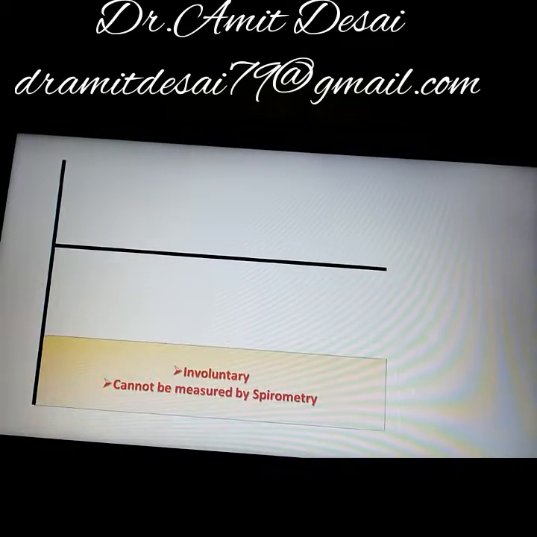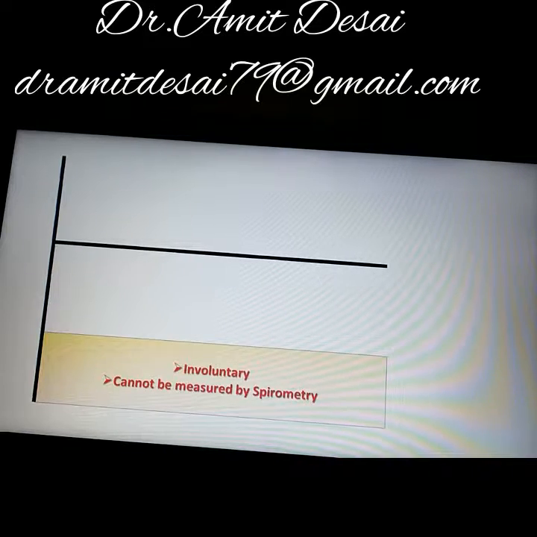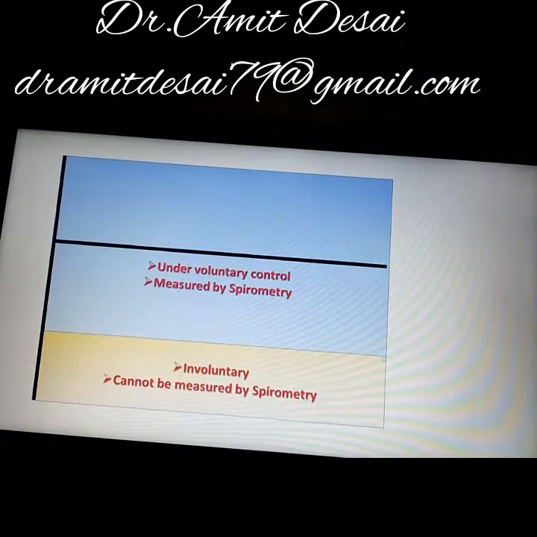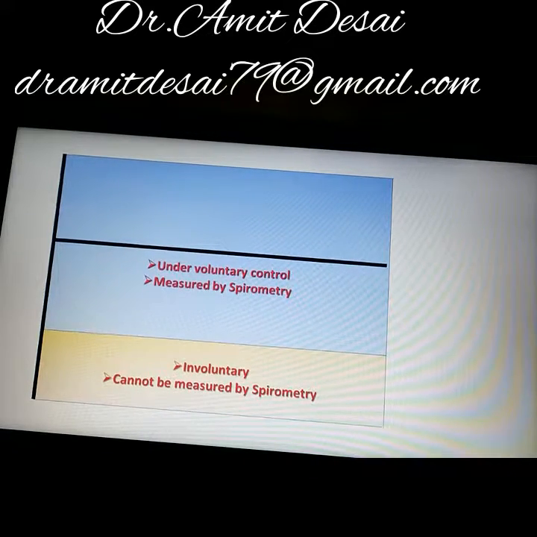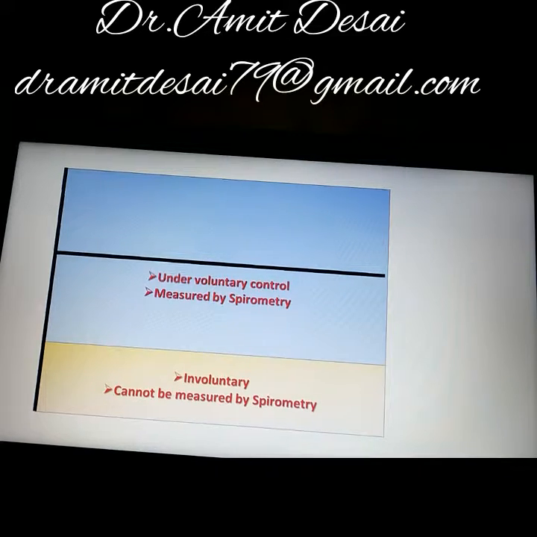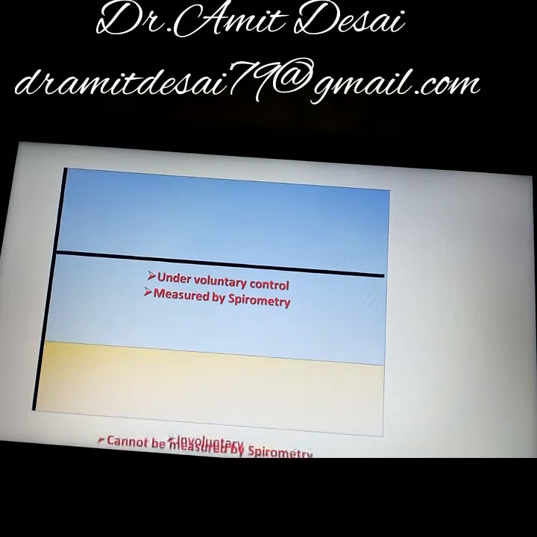So here we see that there is an involuntary part which we cannot measure using a spirometer, and there is a voluntary part which we can measure using a spirometer. Alright, now let us go to see various lung volumes.